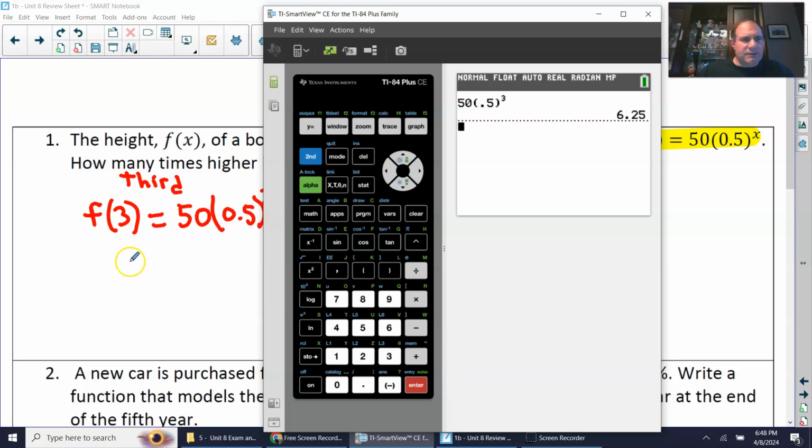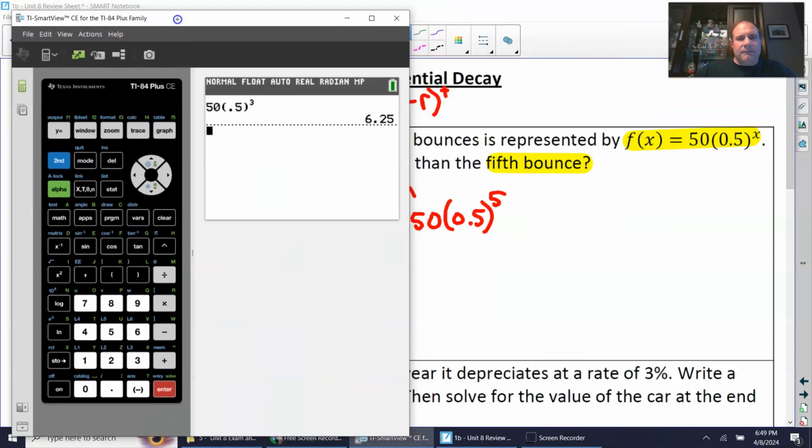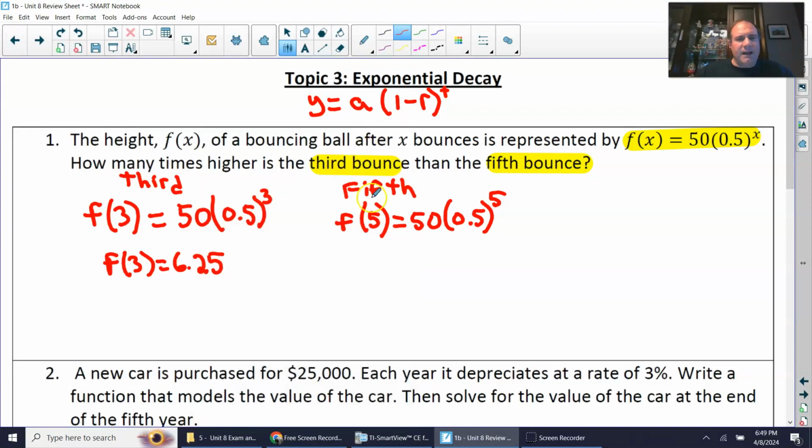The third bounce is 6.25, so f of 3 equals 6.25. And then we're going to put the same thing in, but instead of the time being 3, which is the third bounce, we're just going to do the fifth bounce. And you get 1.5625.